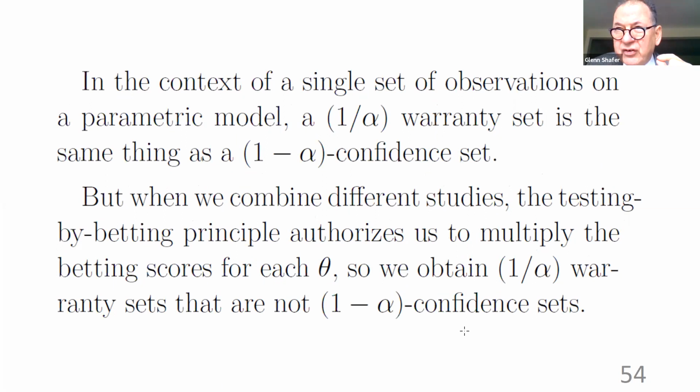This applies even in what statisticians often do, because remember, I kept telling you, statisticians often move outside abstract probability. Like when you combine successive tests. If you combine successive tests in the way we're doing it, but you have a number of different hypotheses you're testing as you go along, you can end up with a 1 over alpha warranty set where you don't have any way of giving a 1 minus alpha confidence set.